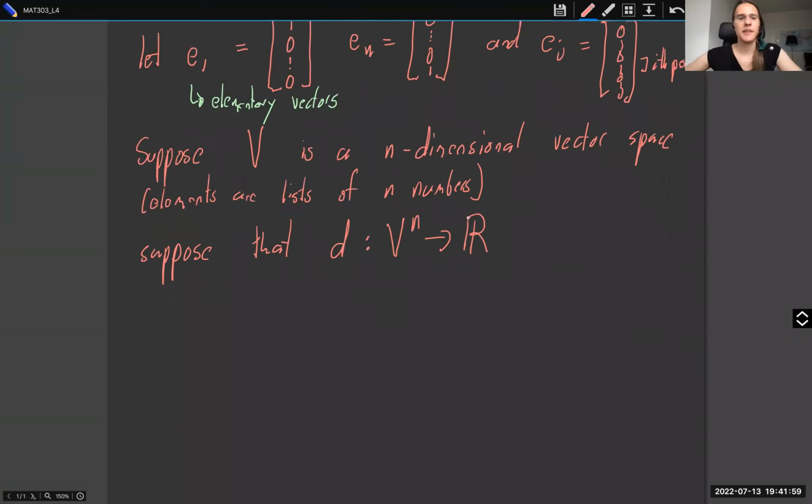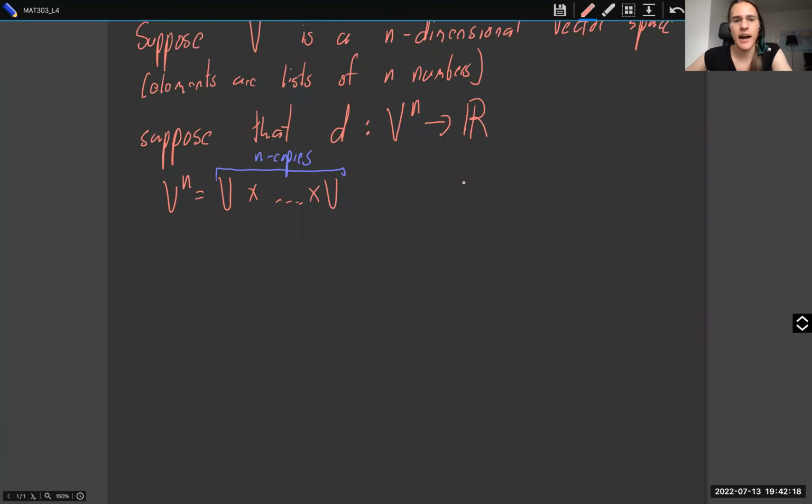So what is V^n? V^n is equal to V times V, n copies. And so what I mean by this is that d of n vectors is a number. So I have a function that takes n different vectors and returns a number. And this function satisfies some properties.